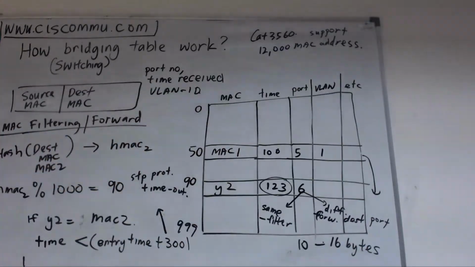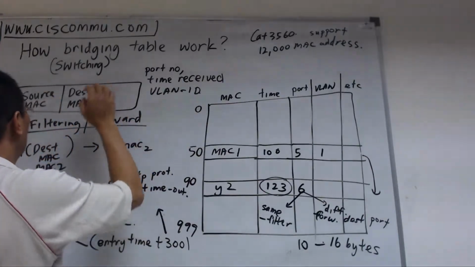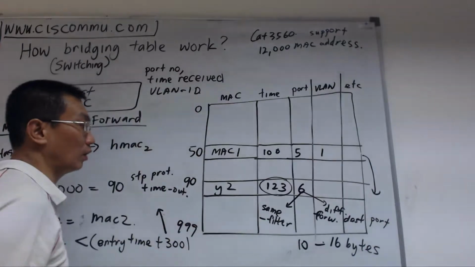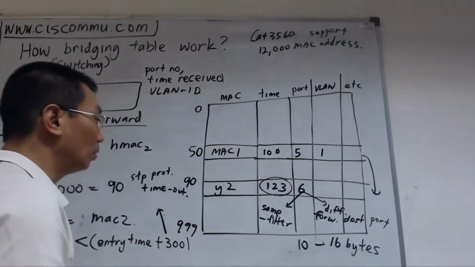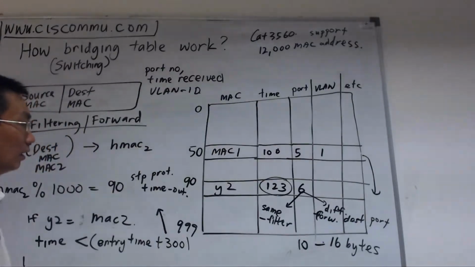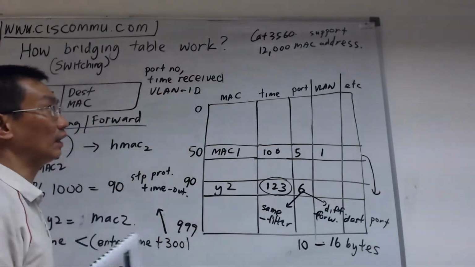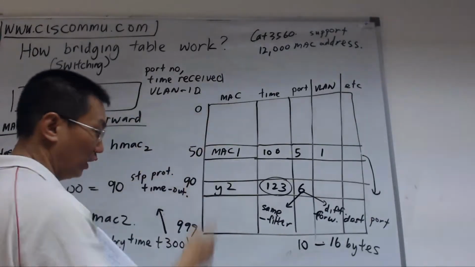So you can see the searching, learning and forwarding is very straightforward. They don't actually do a search, so you can do it very quickly. Even if you have 10,000 MAC addresses, you just add more memory into it.